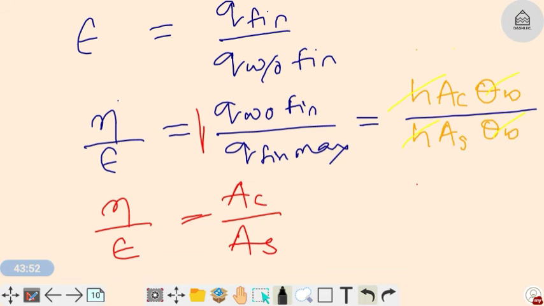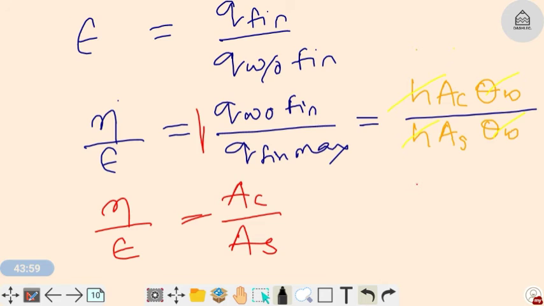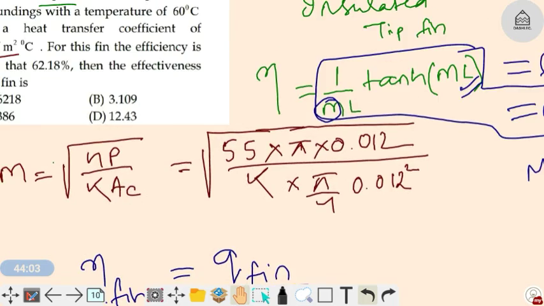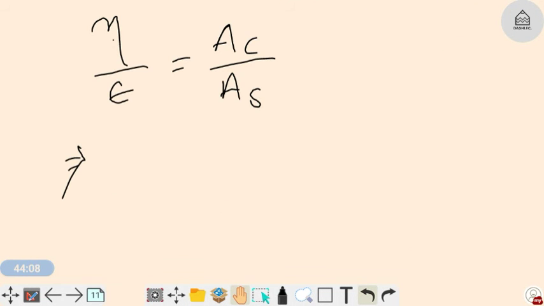Efficiency divided by effectiveness is Ac divided by As. Now efficiency is 62.18%, so it is 0.6218 divided by effectiveness.